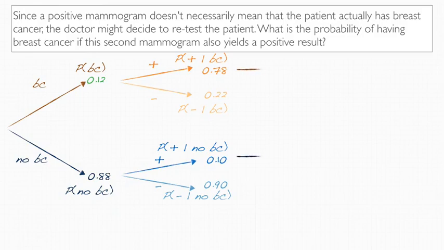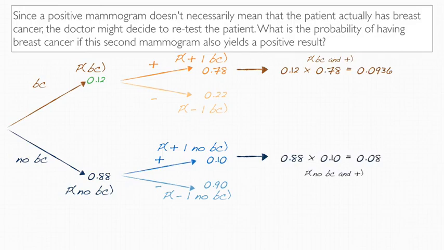Once again, we're only interested in the branches where the patient has tested positive because we're saying that the second mammogram also yielded a positive result. We can multiply through the branches to find our joint probabilities, and these are going to change a little bit because our starting probabilities, the probabilities in the first branch, have changed. And this time, our probability of having breast cancer and testing positive is higher at 0.0936, and our probability of no breast cancer and positive is 0.088.